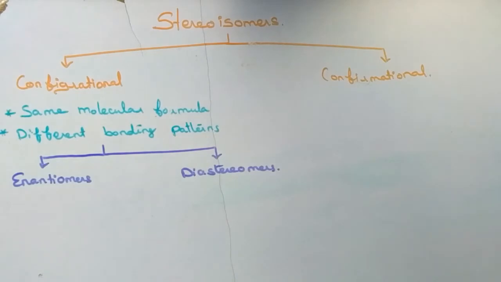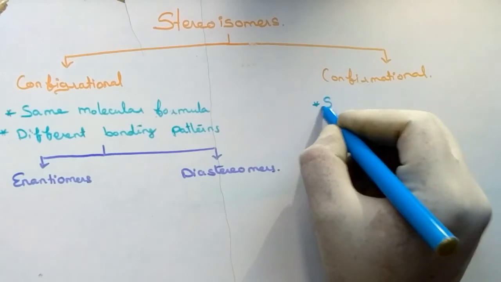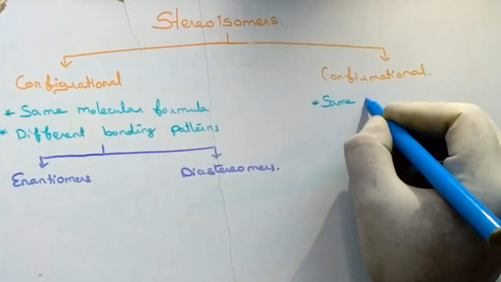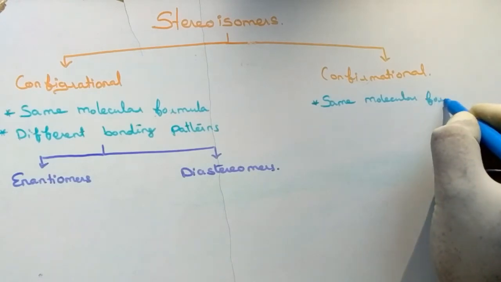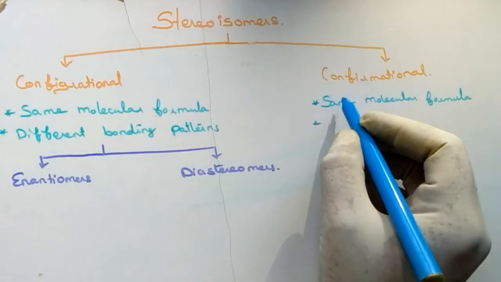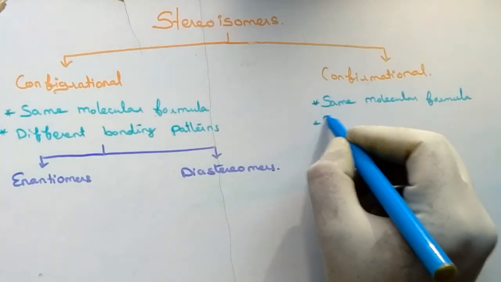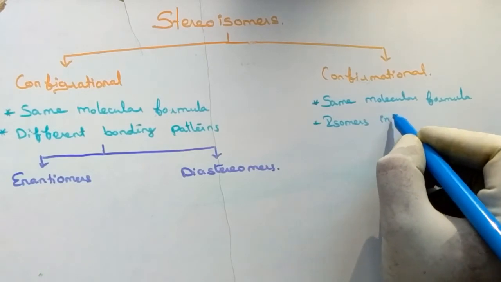Next, conformational isomers. Conformational isomers have the same molecular formula. Isomers can be interconverted only by rotations.